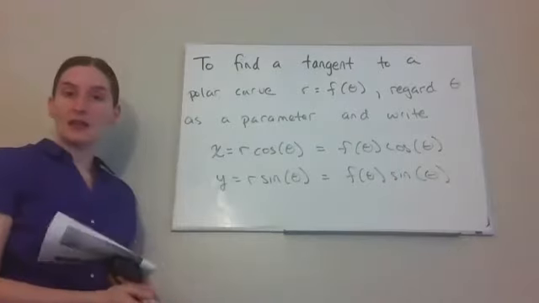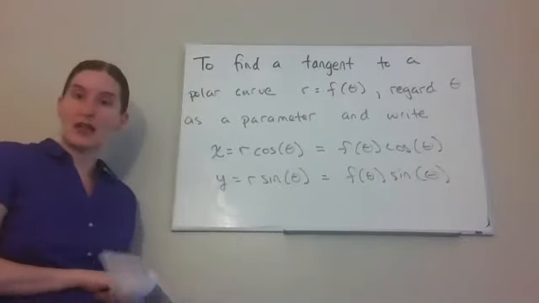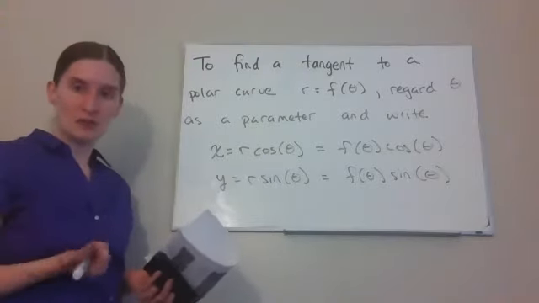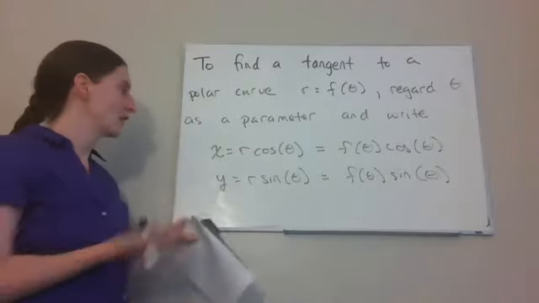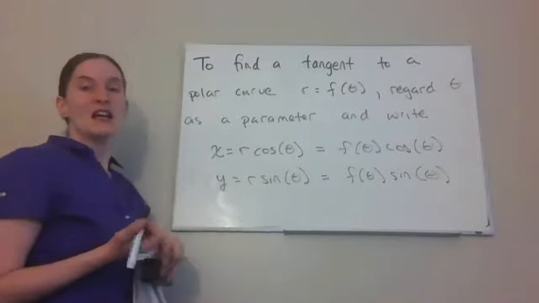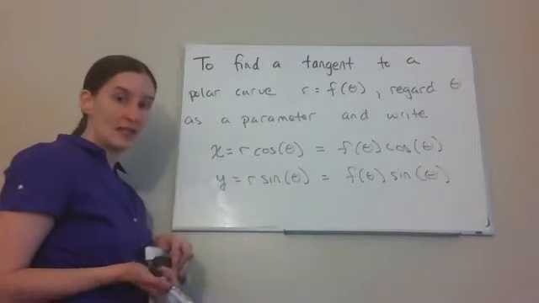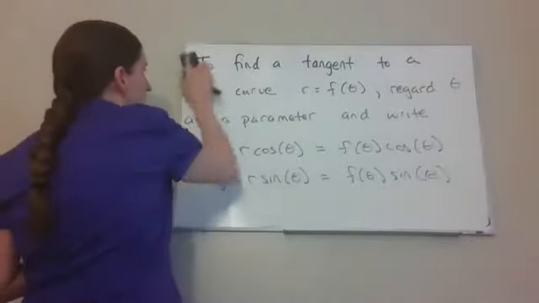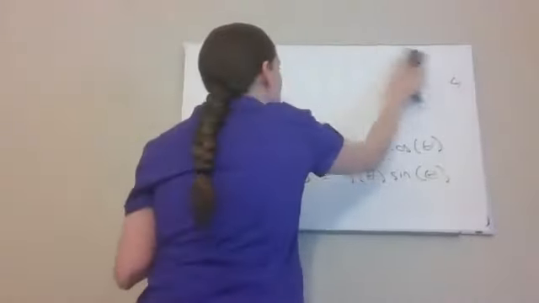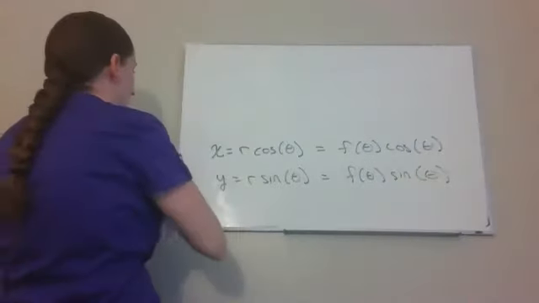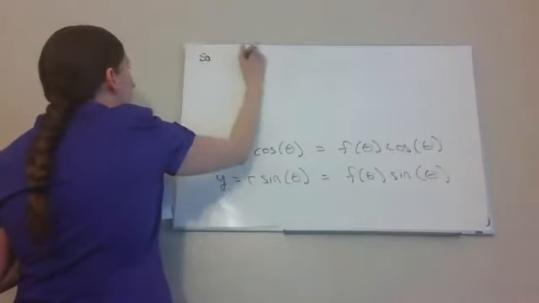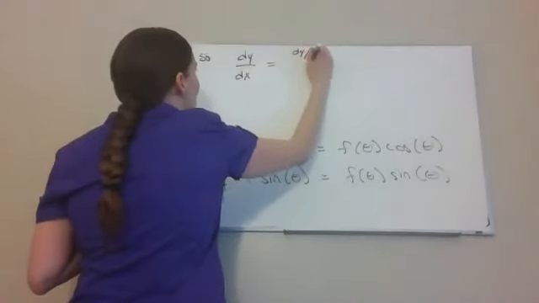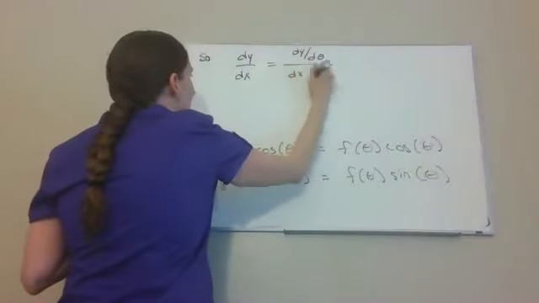So in the last video, we knew that the slope of the tangent line to parametric curves is given by dy dt over dx dt. Or in this particular case, since I'm using theta instead of t, it's going to be dy d theta over dx d theta. So our dy dx is dy d theta over dx d theta.